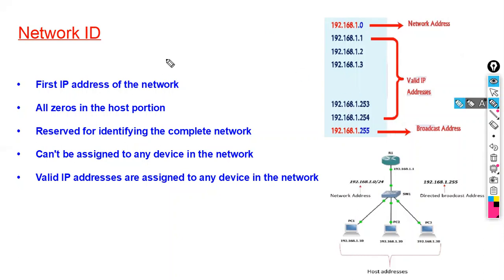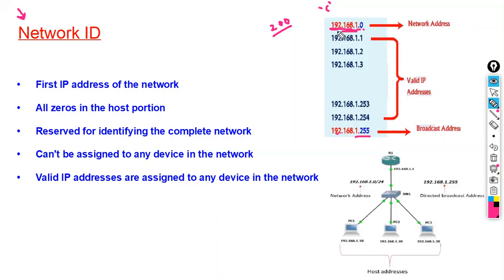Now guys, the first IP address of the network is called the network ID. If you remember our first example, we required 200 IP addresses, and we have taken a class C network, and the network is from 192.168.1.0 till 192.168.1.255.